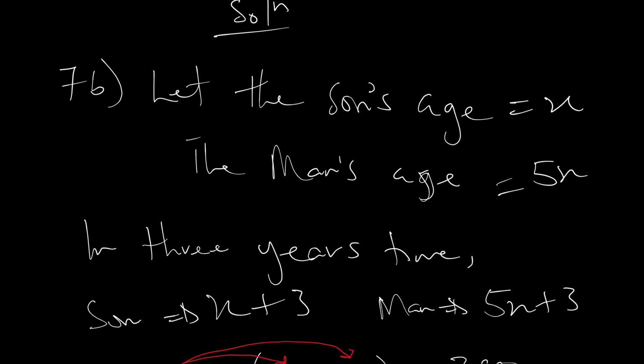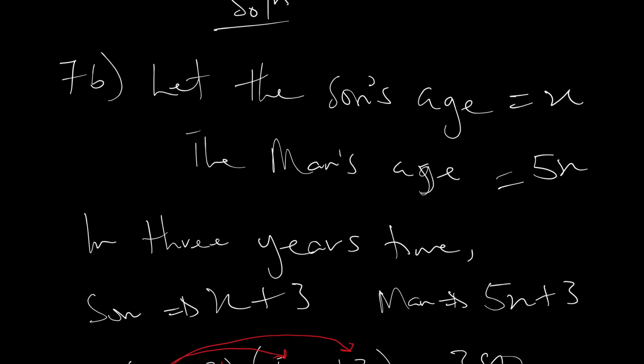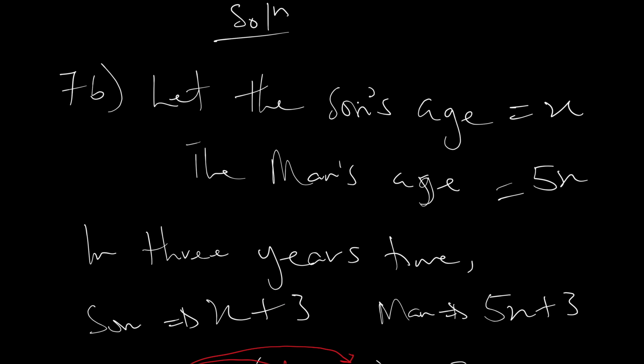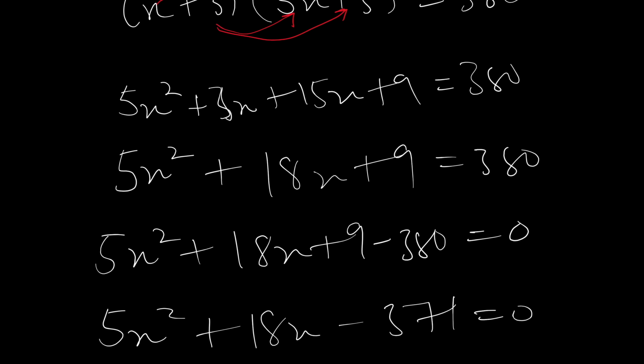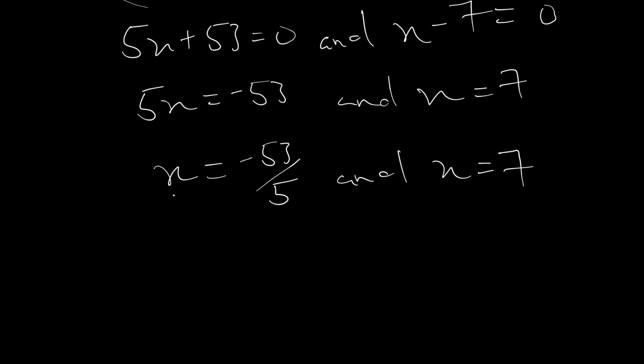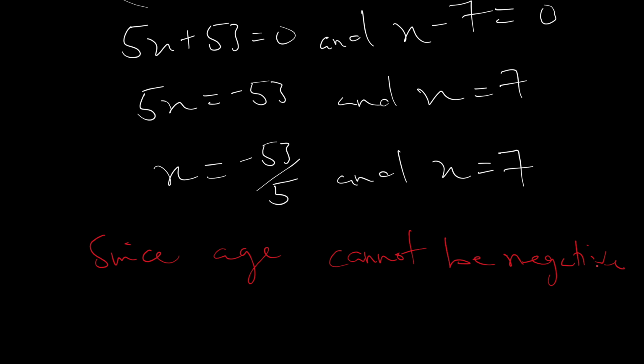So we know that x is the son's age, and age cannot be negative. So then x cannot be negative 53 over 5. So we write, since age cannot be negative, our x will be equal to 7.